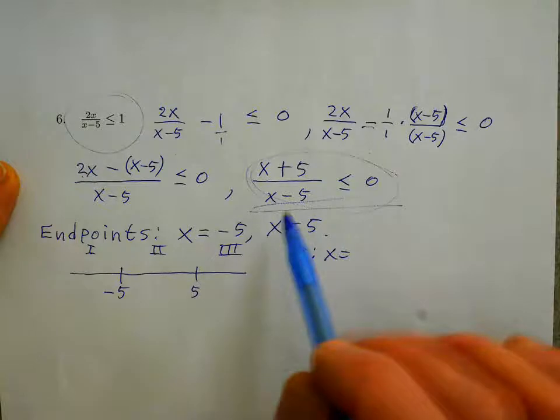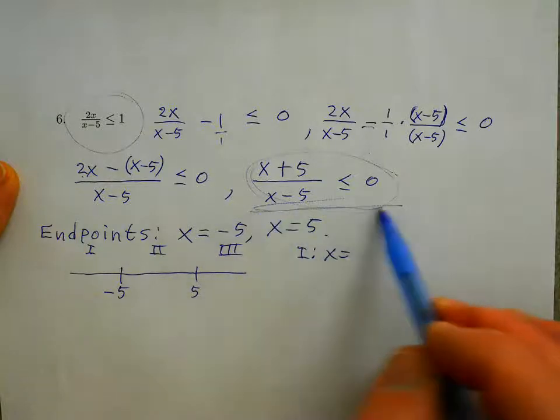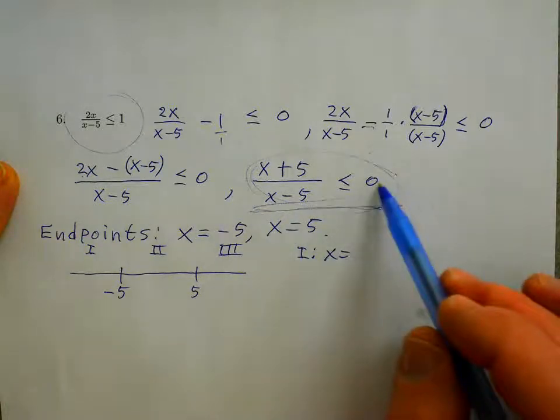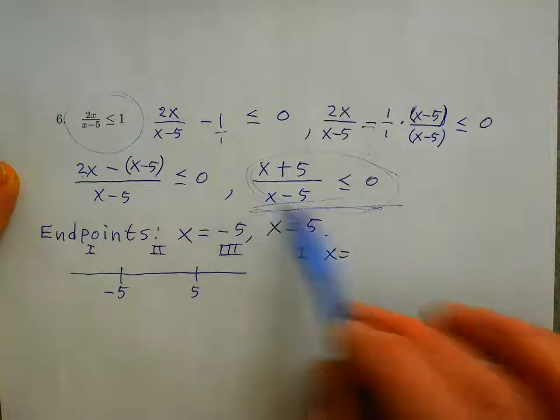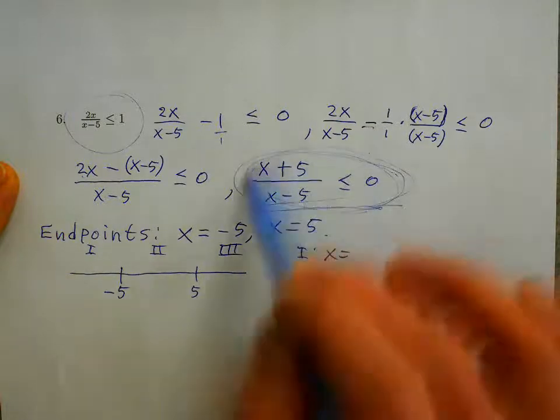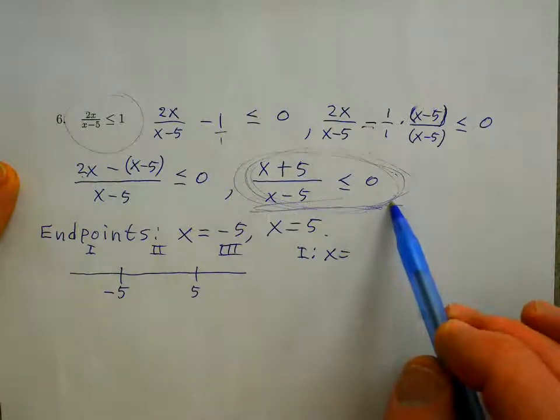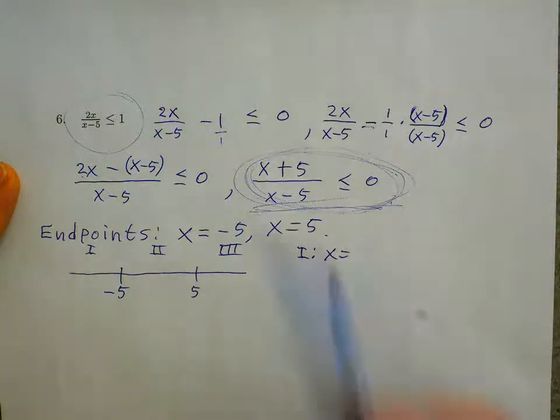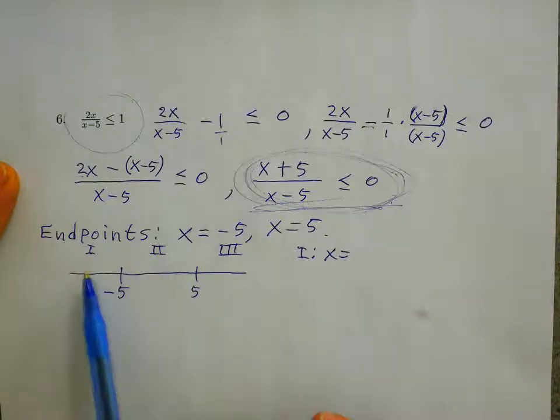It seems to me that the simplified result where we have 0 on one side, this in my opinion is the easiest inequality to use. But if you want to use the original inequality, you can if you want. You just have to make sure that you do pick a test point from each of the 3 subintervals.